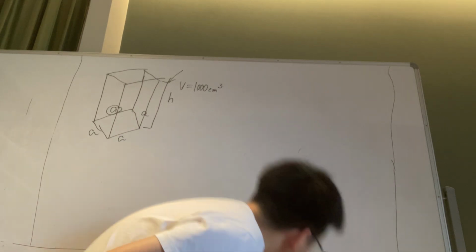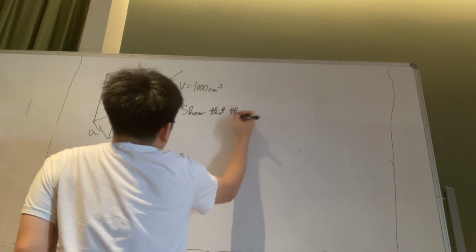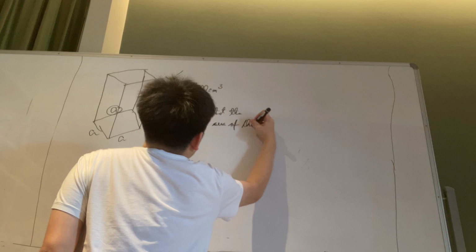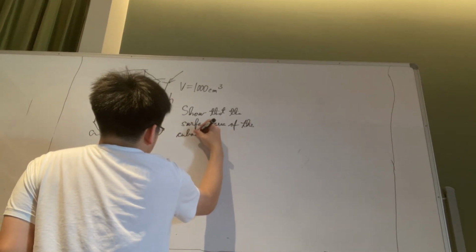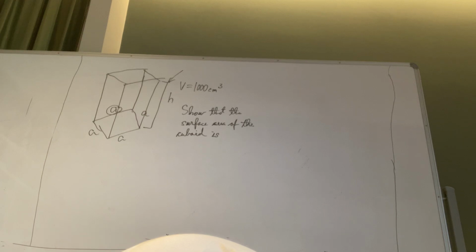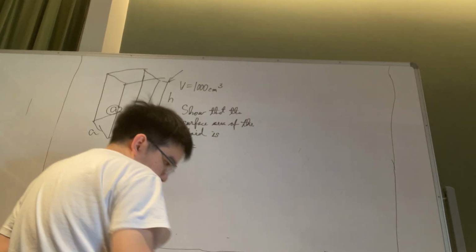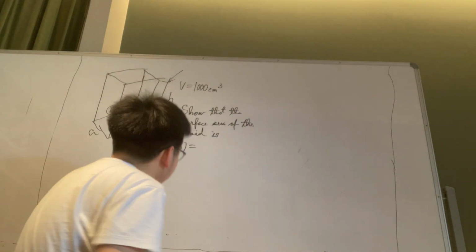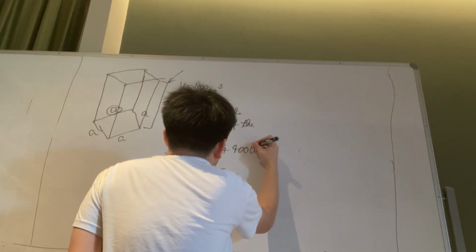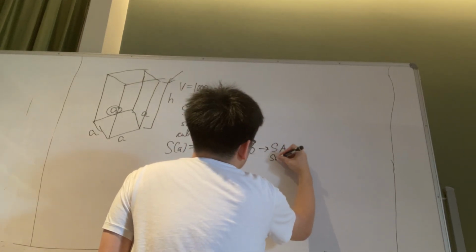Show that the surface area of the cuboid is, and it's going to be a function in terms of A, so S of A. They write it as S, they really should write it as a function of A, a little sloppy there in my opinion: A squared plus 4,000 divided by A. So this is a surface area function.